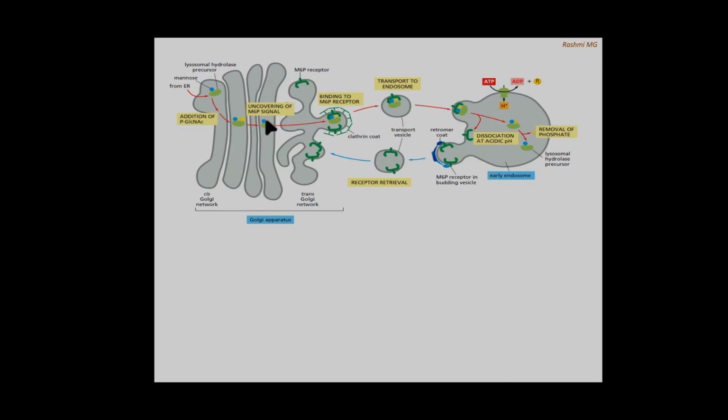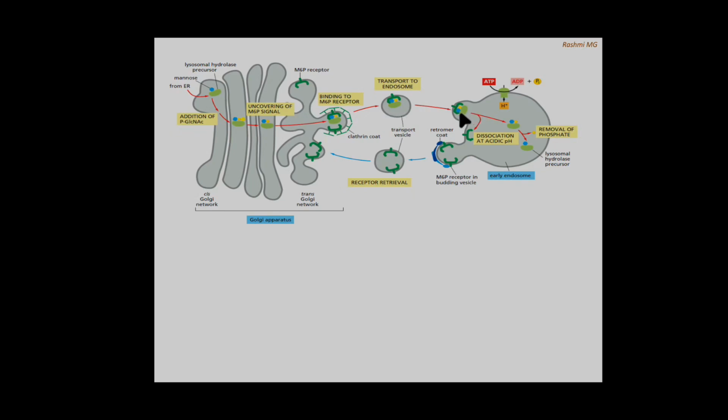With this M6P signal, it binds with the M6P receptor. Binding to the M6P receptor along with the clathrin or COP1 coated transport vesicles, it buds off and is transported to the endosome.